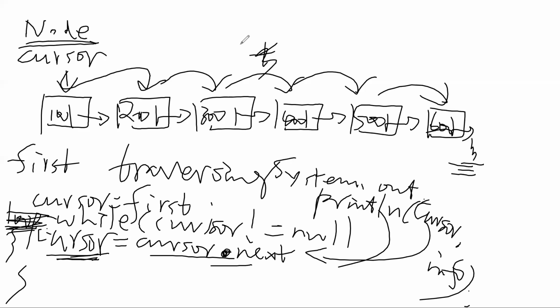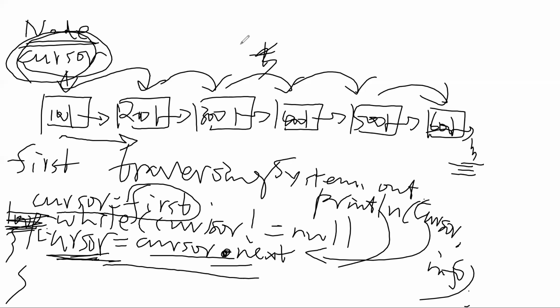So to achieve traversing, you use some temporary node variable. Initially you set it to first. And then in your loop, you reset it to itself's next, to itself's next, to itself's next.